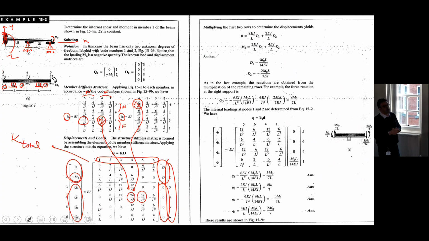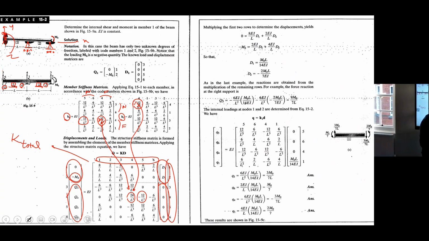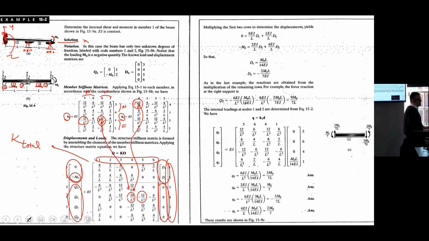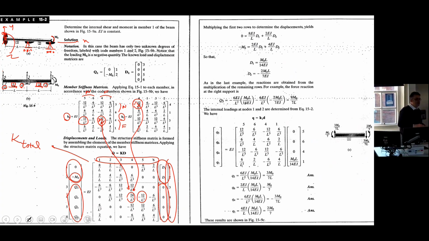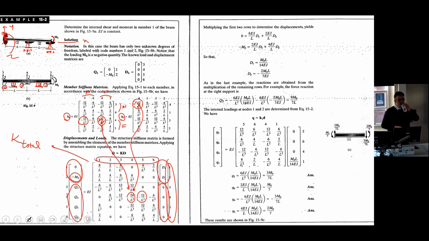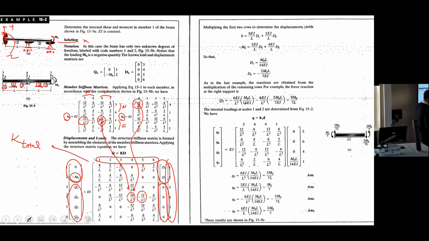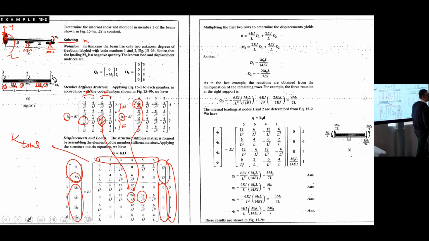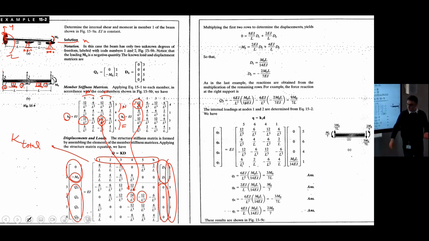So which rows and columns should I eliminate before going forward? All the rows and columns that are corresponding to supports, corresponding to 0 displacements.